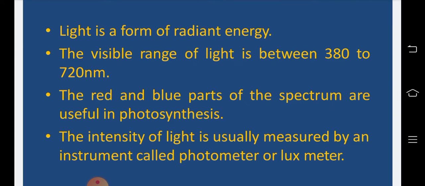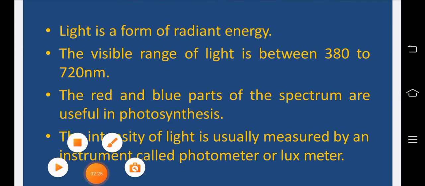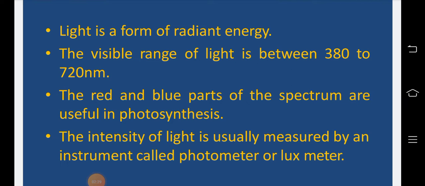The red and blue parts of the spectrum are useful in photosynthesis. The intensity of light is usually measured by an instrument called a photometer or lux meter.